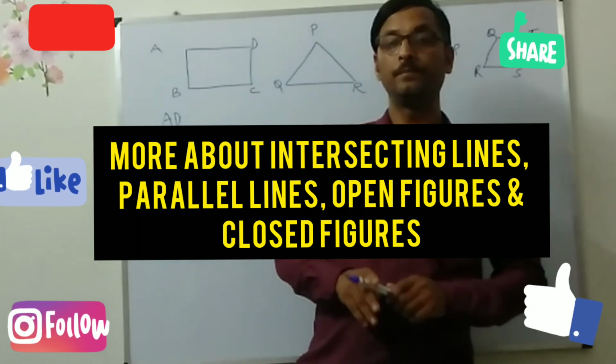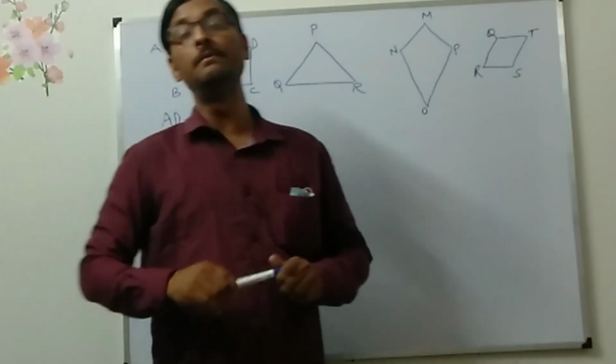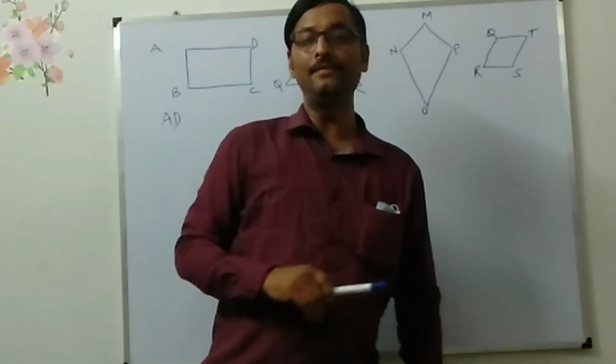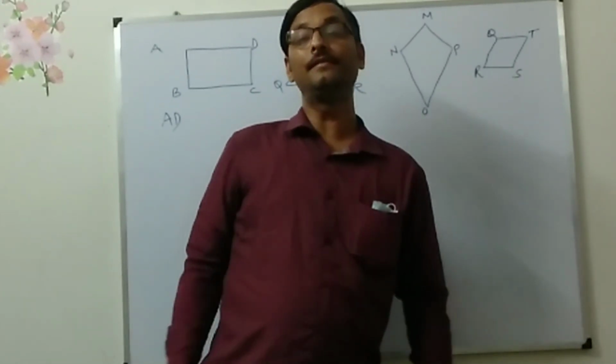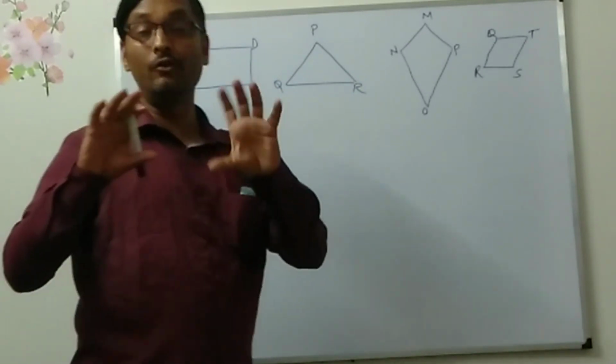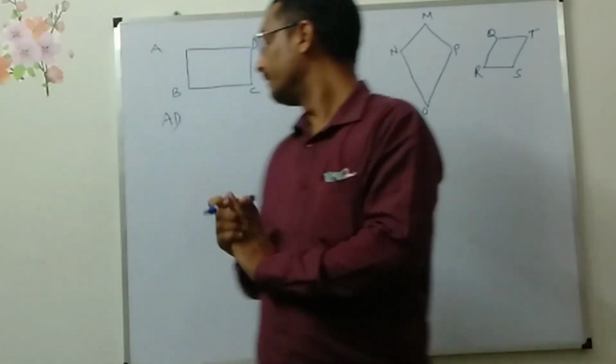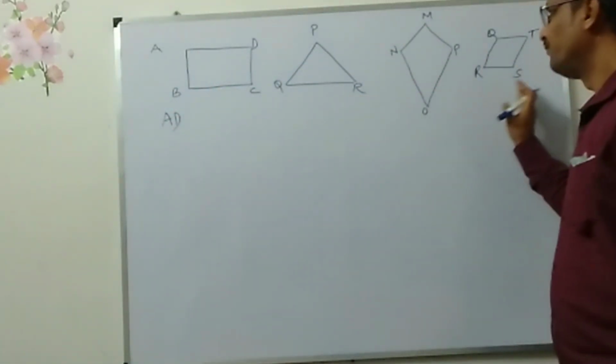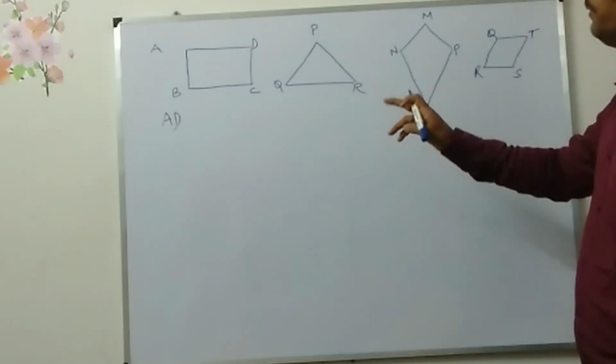Hello students, in this video we will be learning more about parallel lines, intersecting lines, and we will be giving you more concept about closed figure and open figure. These are a few of the figures, a few of the diagrams.